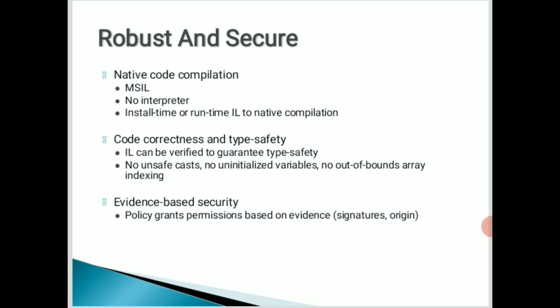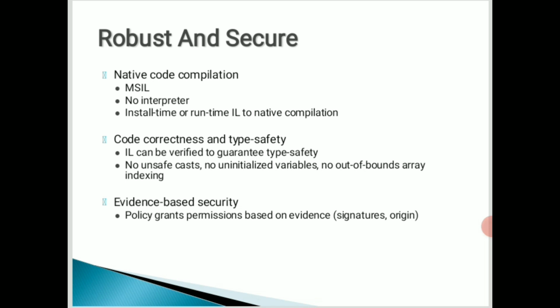First one is MSIL, second one is no interpreter, third one is an install time or runtime IL to native compiler. Code correctness and type safety: IL can be verified for type safety, no unsafe casts, no uninitialized variables, and no out of bounds array indexing.